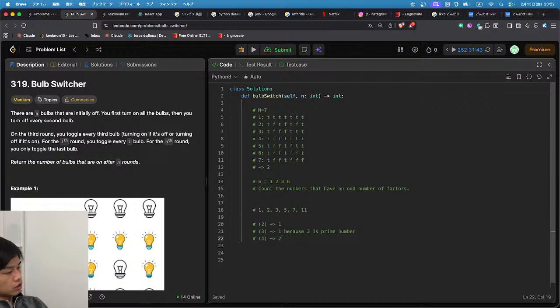Just increment. When we think about 6, 1 and 6, and also 2 and 3.